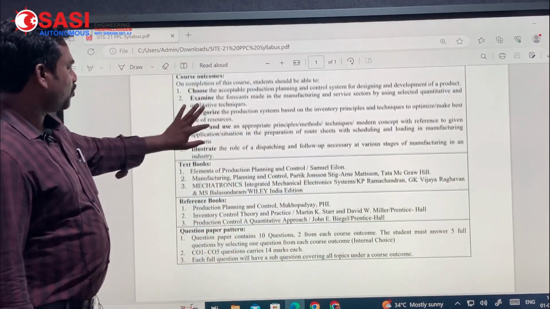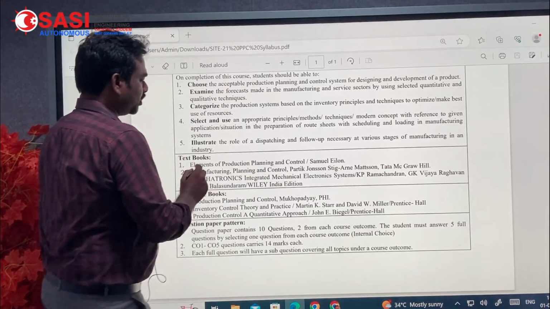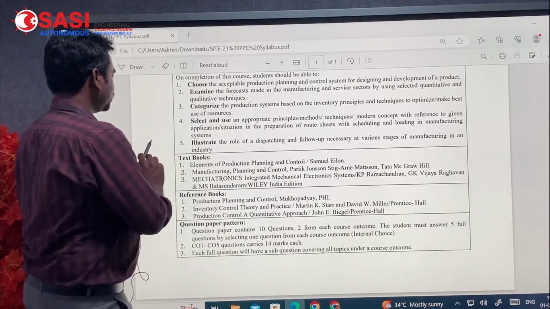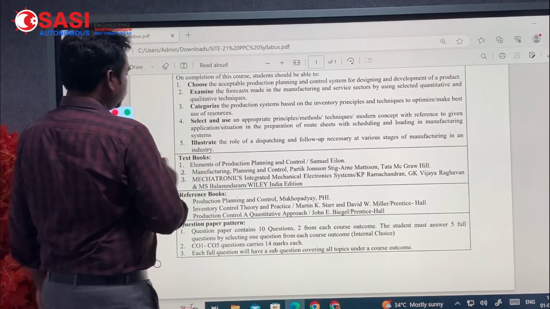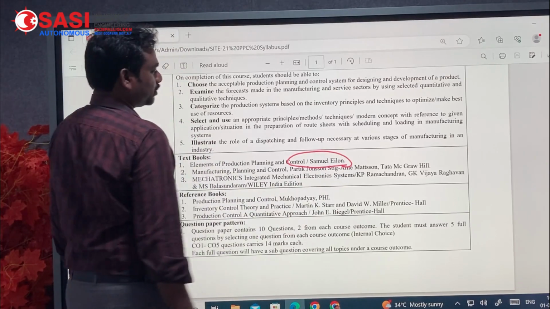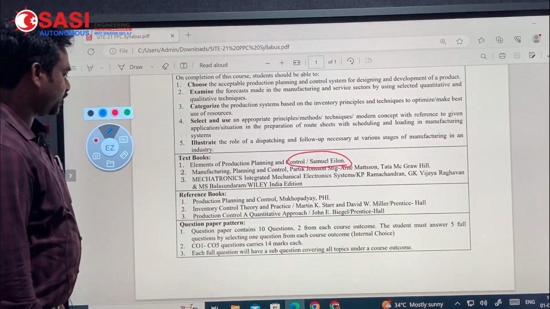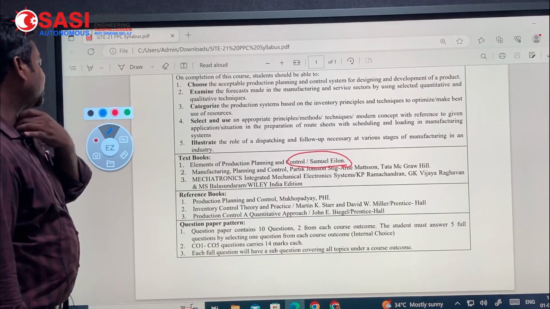Most of the topics we can get from Elements of Production Planning and Control by Samuel Eilon.